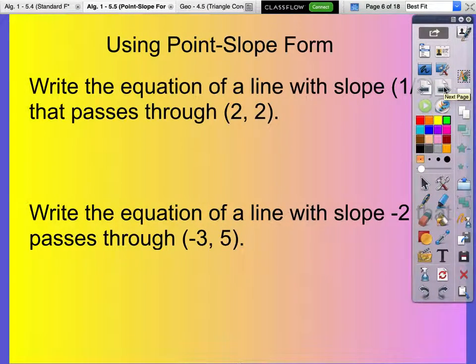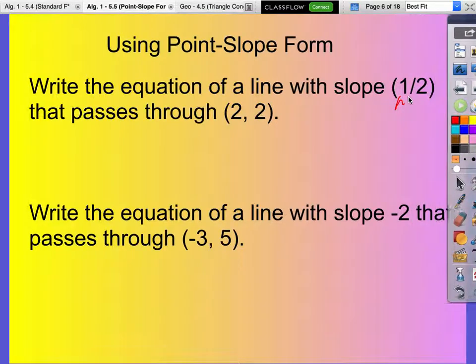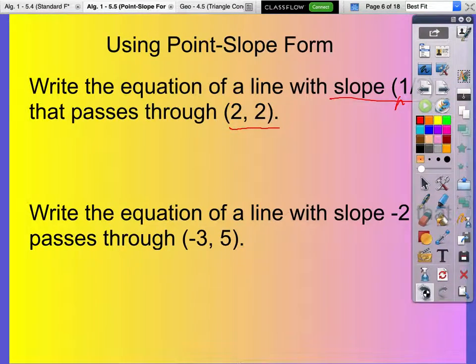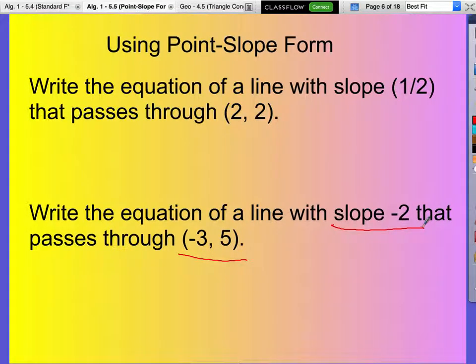Okay. So what I want now is I want you to write this down. Actually, I'm changing that. I want you to write down that it passes through -3, 5, and the slope of 2. So passes through this point means it's a point on the line, and this is the slope.